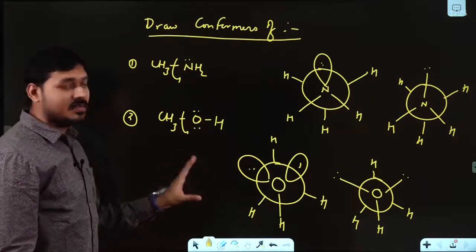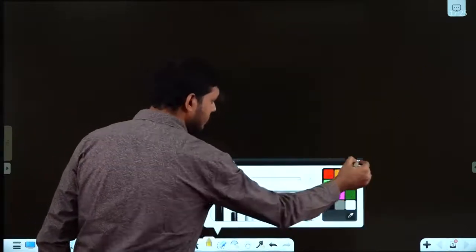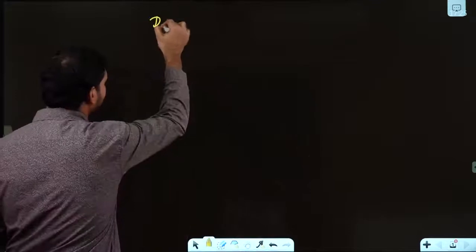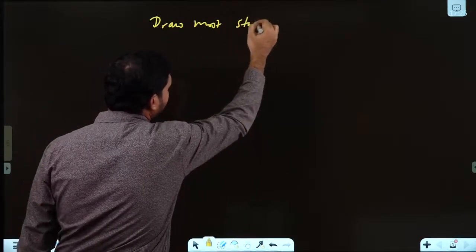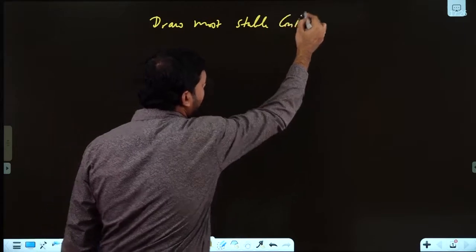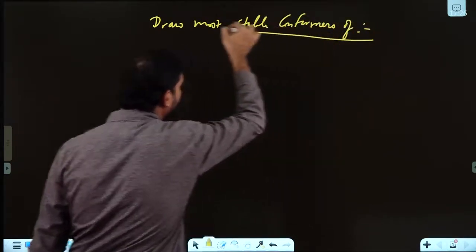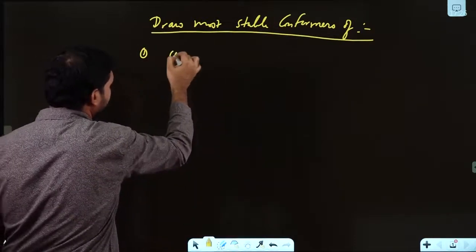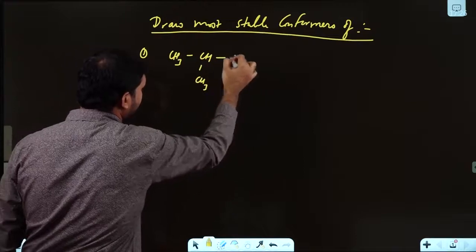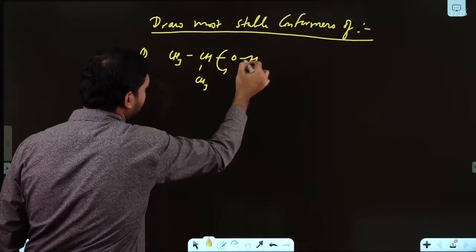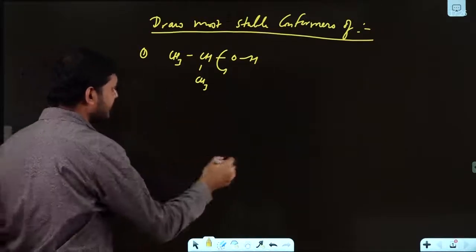Now understand some special examples. Draw the most stable conformers of, first, CH3CH(CH3)OH across this carbon-oxygen bond.